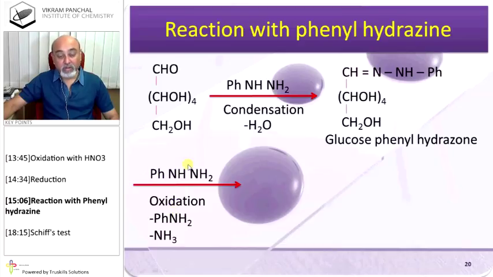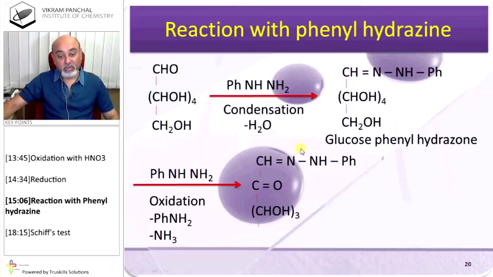That means the second molecule of phenylhydrazine reacts with the hydrazone derivative and it gives an oxidation reaction. And if from CHOH, 2 hydrogens are removed, then we will get C double bond O.